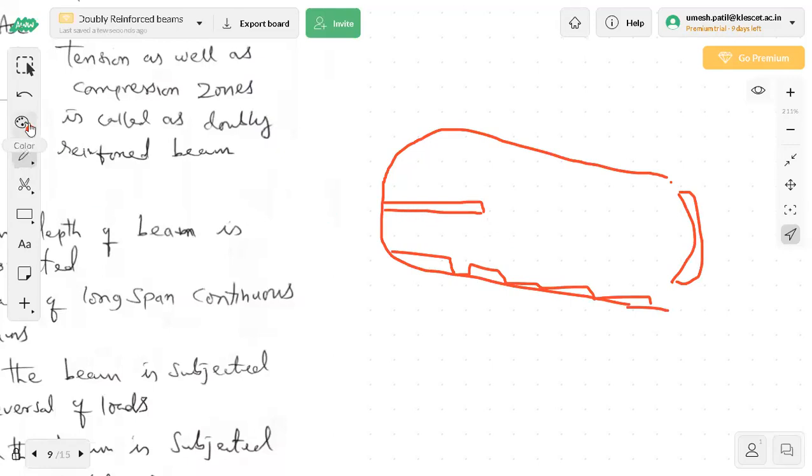Whatever I have shown you here is a balcony beam. Since the total height is restricted here, the available height is less here. Observe this one. The available height is less.